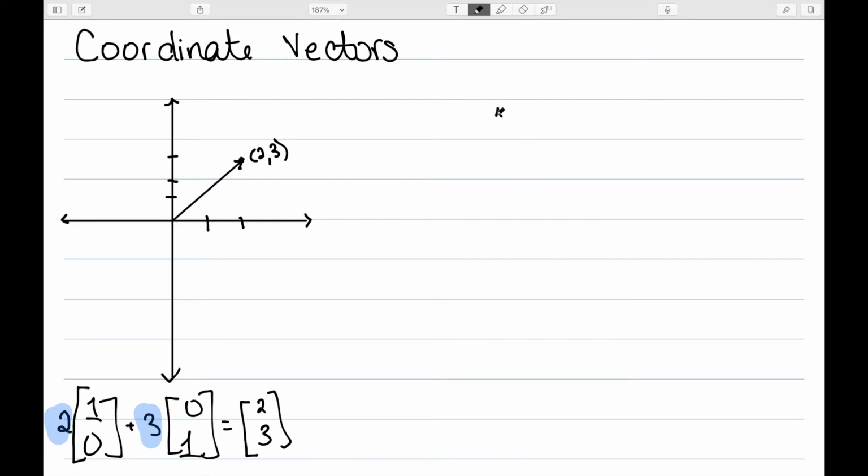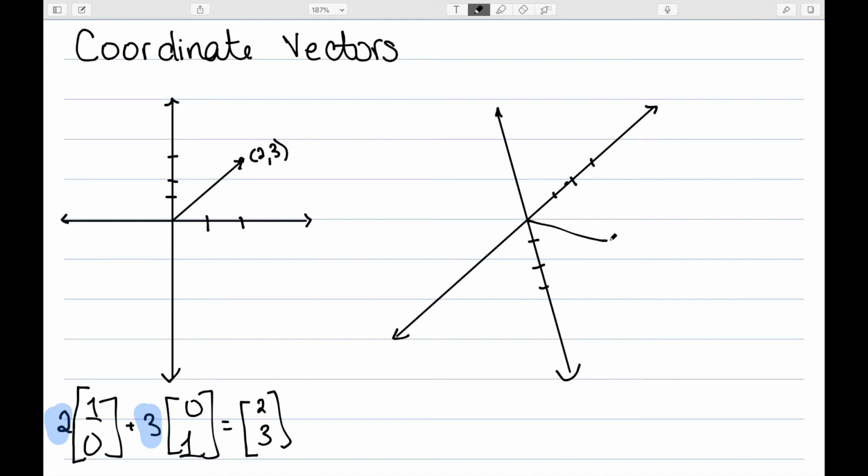However, what if instead I wanted a different set of axes? I had a different basis. And now, instead of that vector, I want to look at this one here that comes down. So how can I describe this? In this particular case, I went down 2 on this vector.